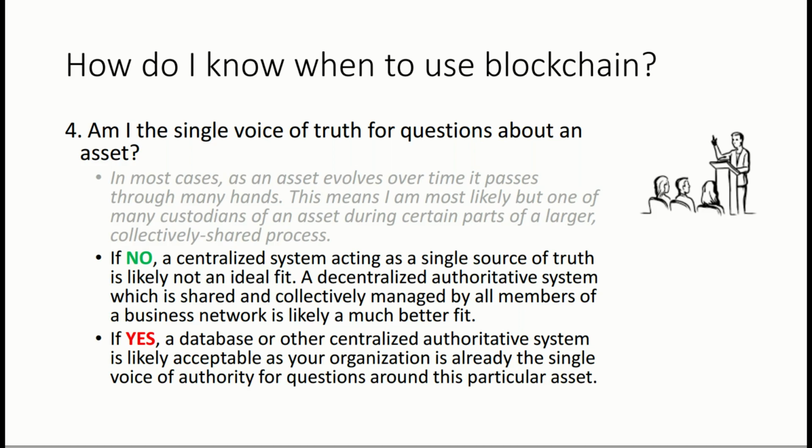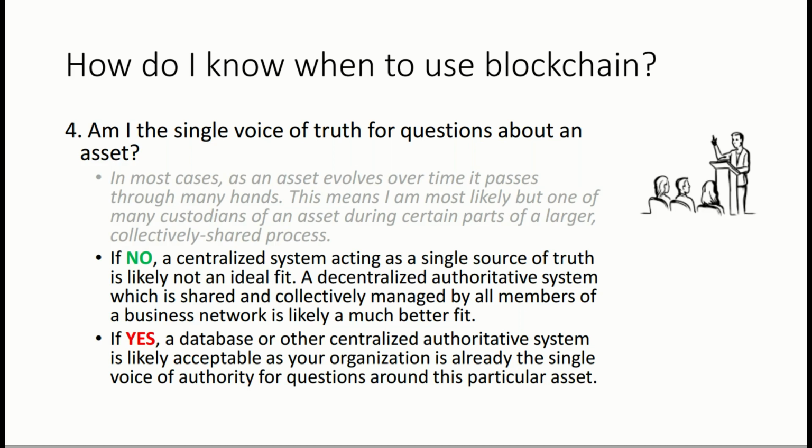So let's look at the answers here. If you are somebody like the United States Social Security Administration, if you are already a trusted, centralized authority who is in a position to authoritatively answer any and all questions, well, then using a decentralized approach doesn't make a lot of sense. Why would you use a decentralized technology when you're already a trusted, centralized authority?